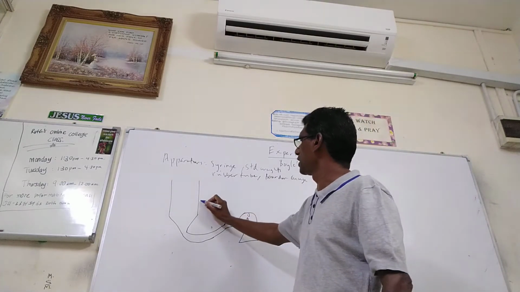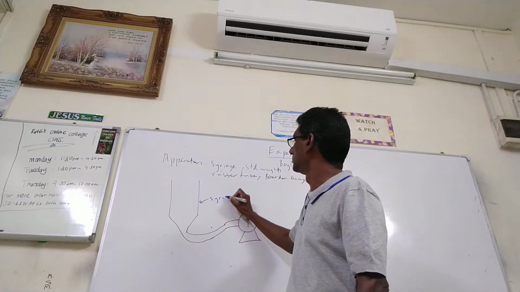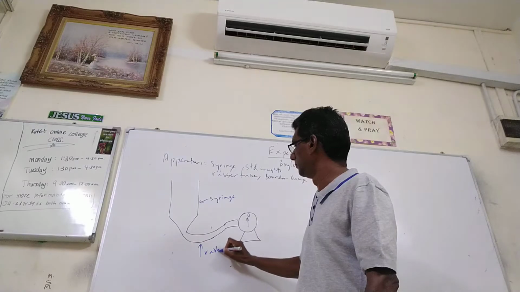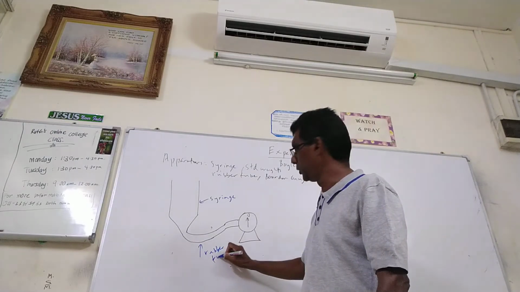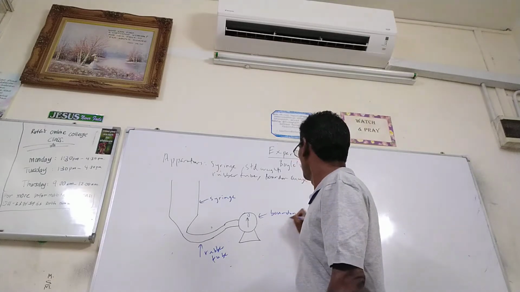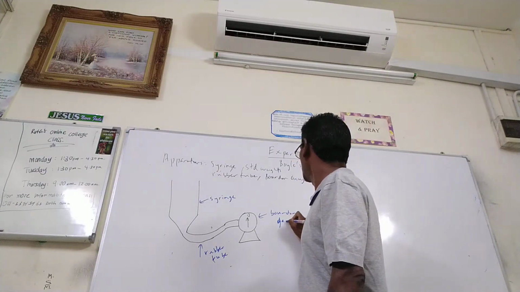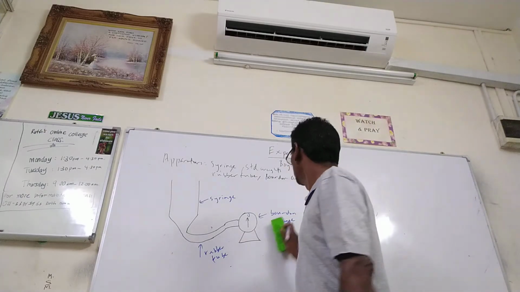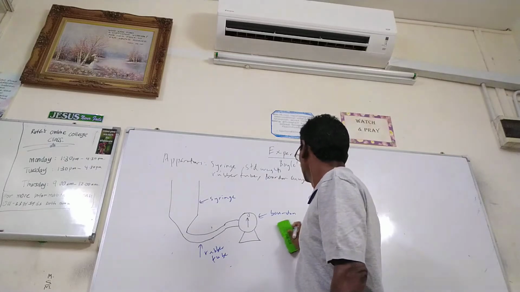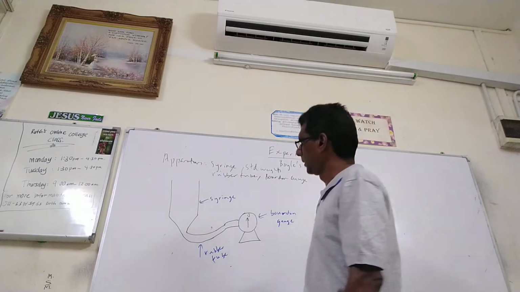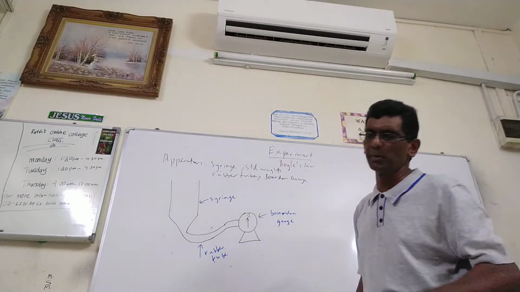This one is the syringe, and this one is the rubber tube, and this is the Bourdon gauge. How do they do the experiment?